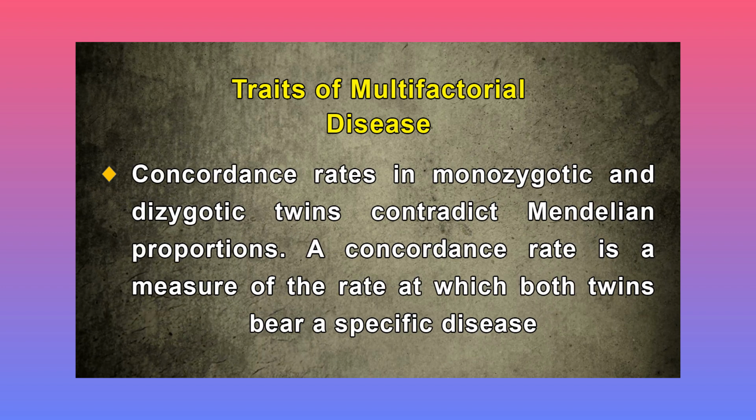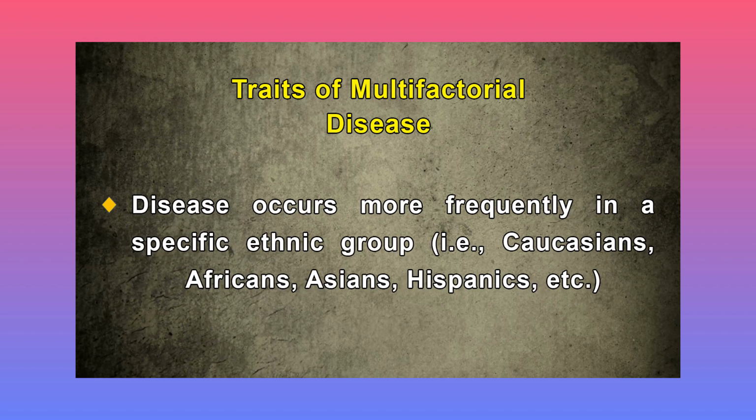The disease occurs more frequently in one gender than the other, but it is not a sex-limited trait. In addition, first-degree relatives of individuals belonging to the more rarely affected gender have a higher risk of bearing the disease. The concordance rates in monozygotic and dizygotic twins contradict Mendelian proportions. A concordance rate is a measure of the rate at which both twins bear a specific disease. The disease occurs more frequently in a specific ethnic group, that is, Caucasians, Africans, Asians, and Hispanics.